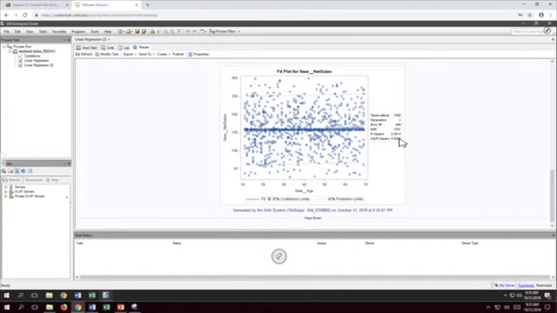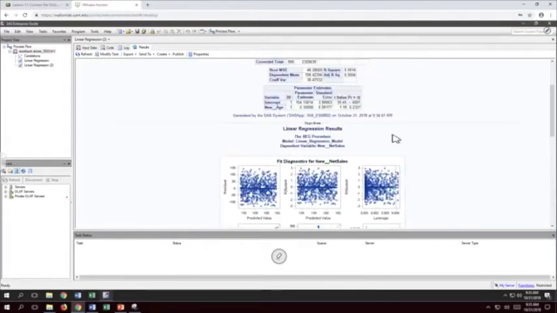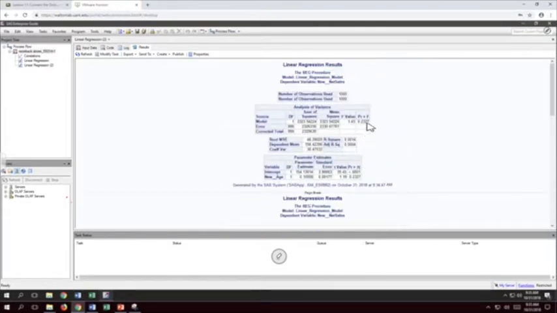Right, 0% of the variability is being explained by age. So if we look at our p-value, what's our p-value? 0.23. So even if we went crazy and had an alpha of 0.1, we're still failing to reject our null hypothesis.